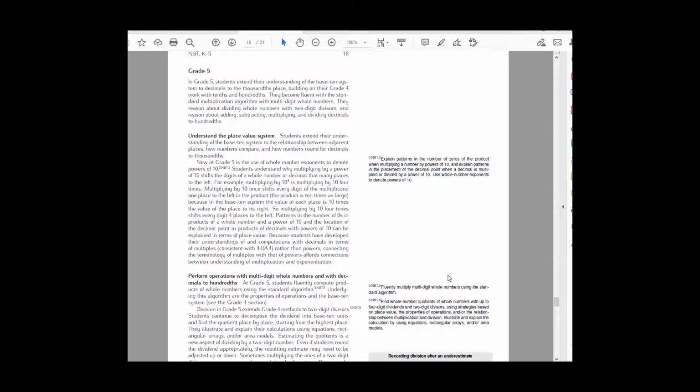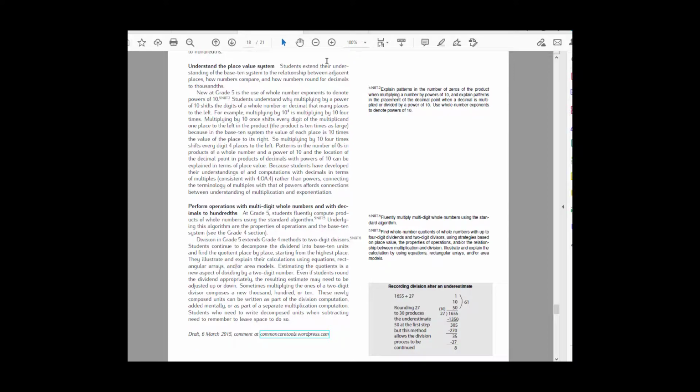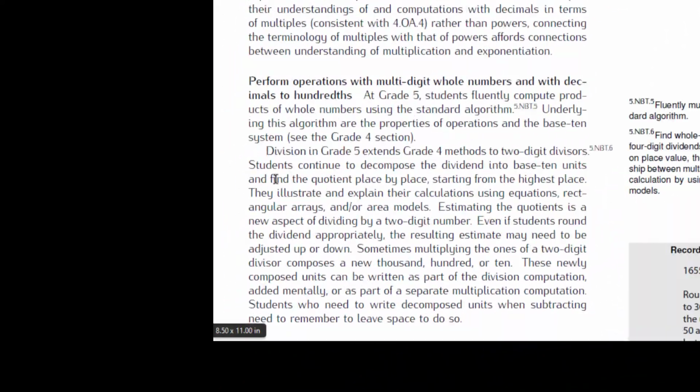If we look at the 5th grade standards, this first section right here: Division in 5th grade extends grade 4 methods to 2-digit divisors. So it's going to start looking at what it means to have a 2-digit divisor. Students continue to decompose the dividend into base 10 units and find the quotient place by place, starting from the highest place.